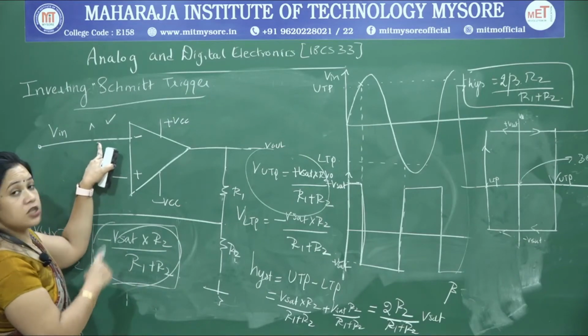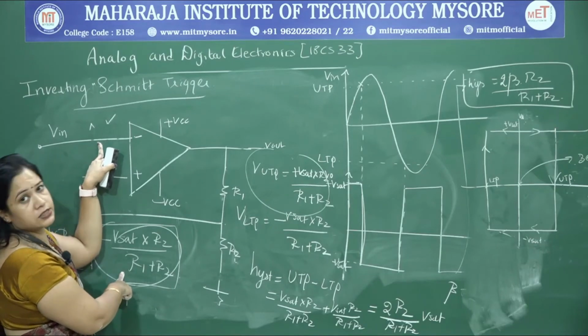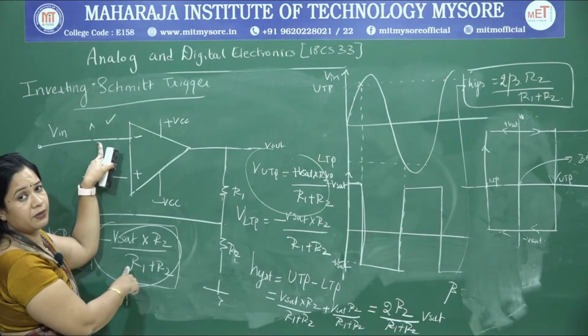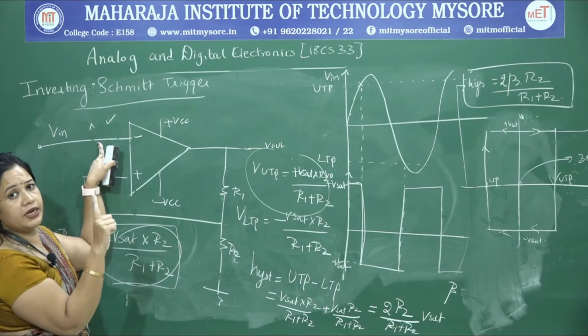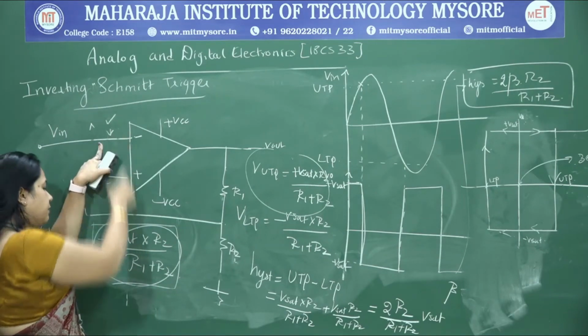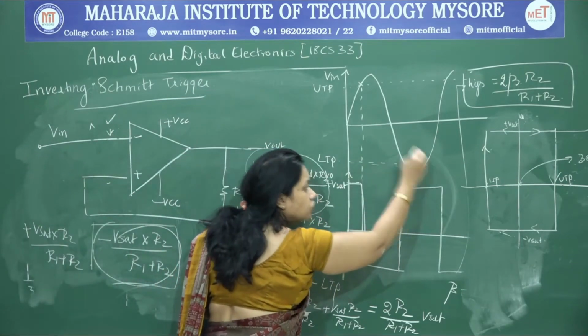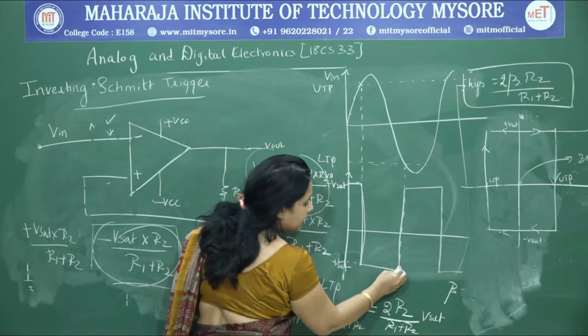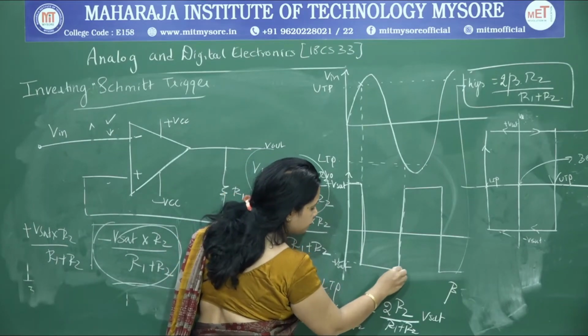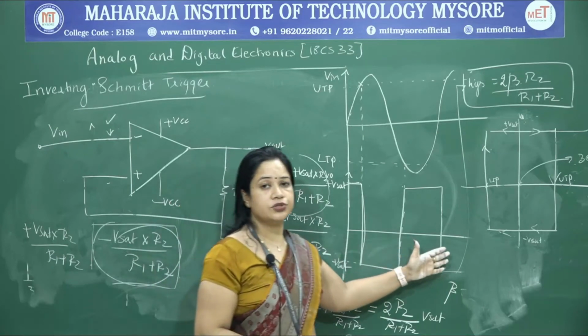As long as your input is above this minus Vsat into R2 by R1 plus R2, the output continues to be in negative saturation. Once your input falls below this reference voltage, what happens? Again, there is a transition from minus Vsat to plus Vsat, and you can see this continues.